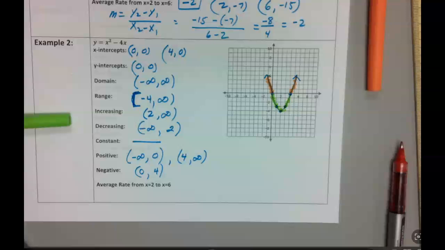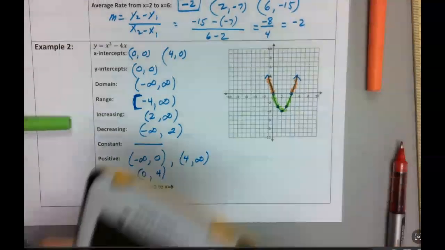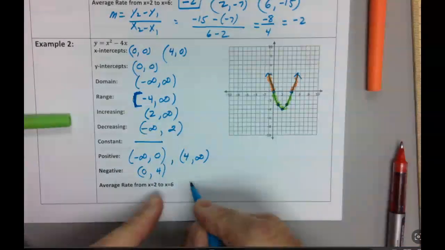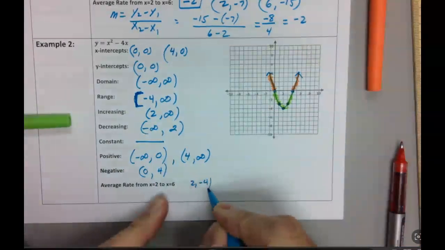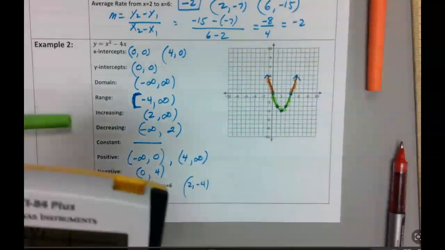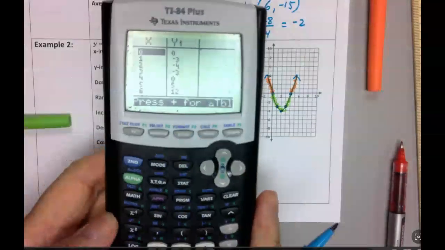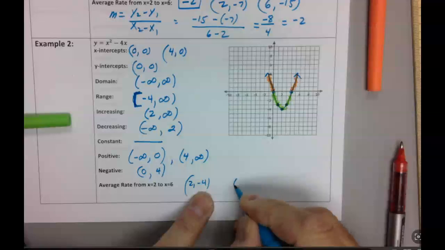Now, let's find our average rate of change for x equals 2. So at x equals 2, we can go back in here and get our ordered pair. So 2 was what, negative 4? So 2, negative 4. And the other one they want is 6. So if you look at your calculator, your ordered pairs are 6, 12.